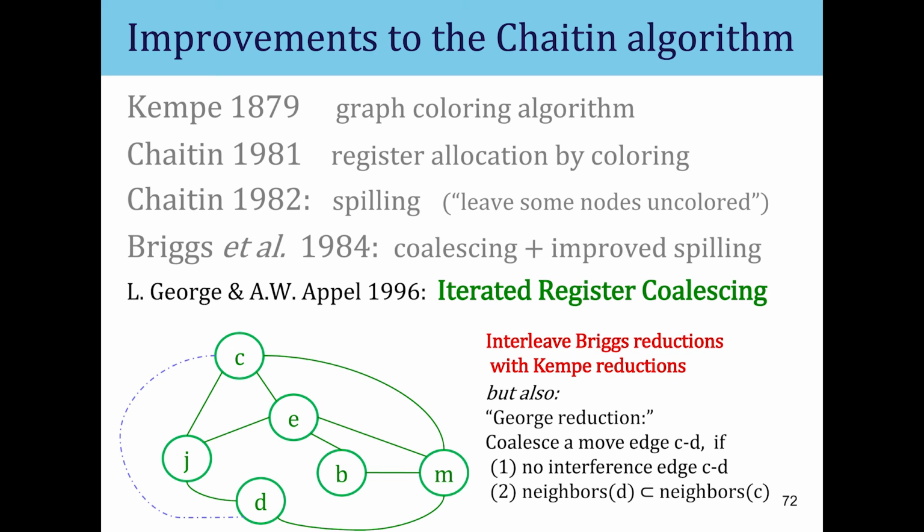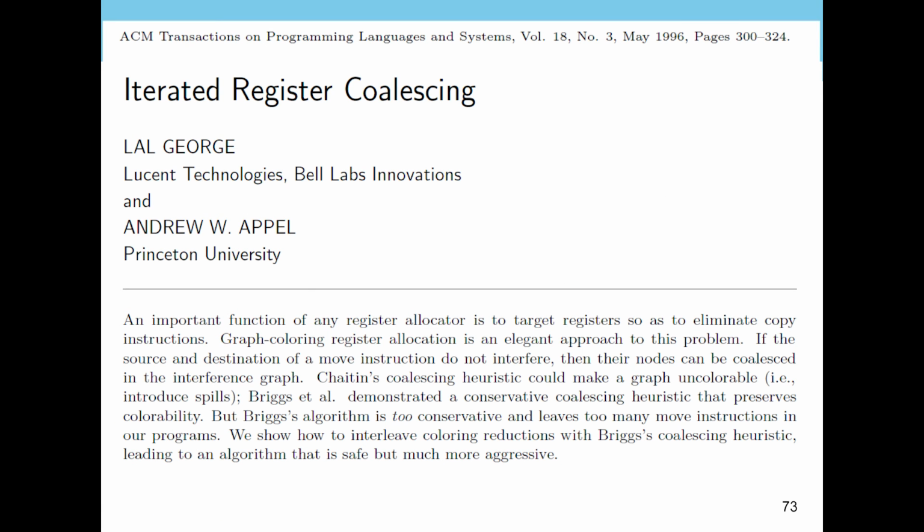Okay, so that's our version of Briggs's version of Chaitin's version of Kempe's algorithm. And we published it in 1996, and this is one of the most widely used algorithms in compilers today for register allocation. If you use GCC or whatever, you're probably using this algorithm. Okay, that was fun.